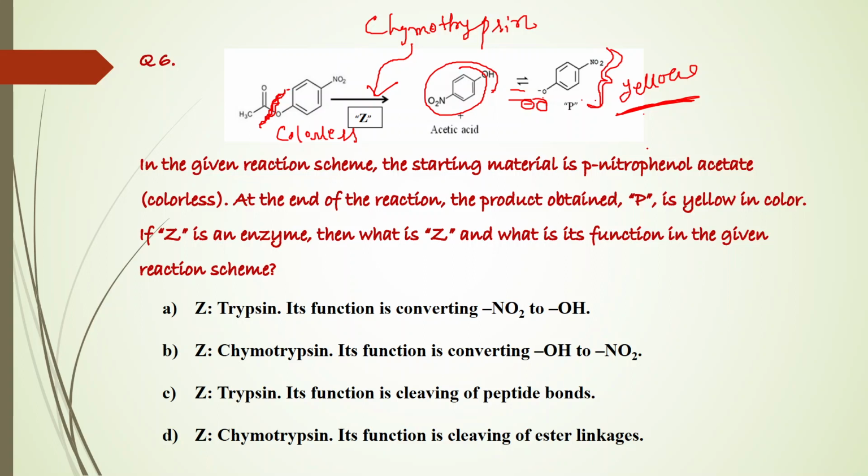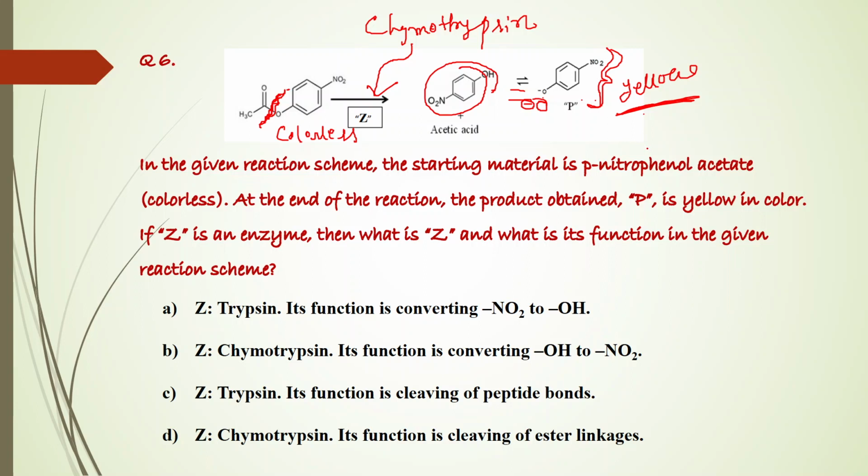Say you have had chymotrypsin in your lab for a very long time and you don't know whether this enzyme is still active or has lost its activity. For that you can simply take para-nitrophenyl acetate and add your enzyme, chymotrypsin, to it. If it changes color, that means it is still successfully cleaving the ester bonds.